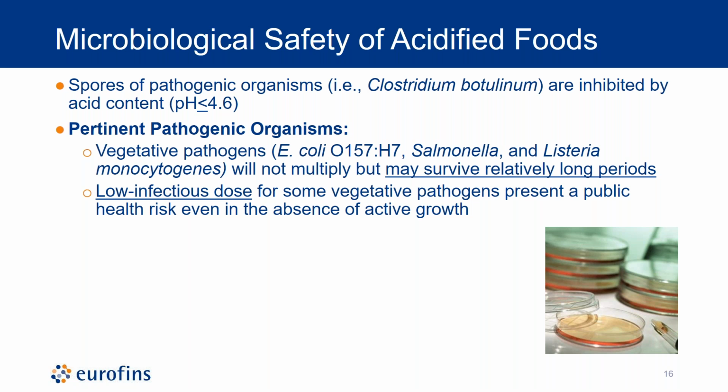However, vegetative pathogens such as E. coli O157:H7, Salmonella, and Listeria monocytogenes may be present even if they can't grow. They can survive for pretty long periods of time in the product, and they do have that low infectious dose that I mentioned. So even if there are only a few cells, they can present a public health risk, even if they're not growing.